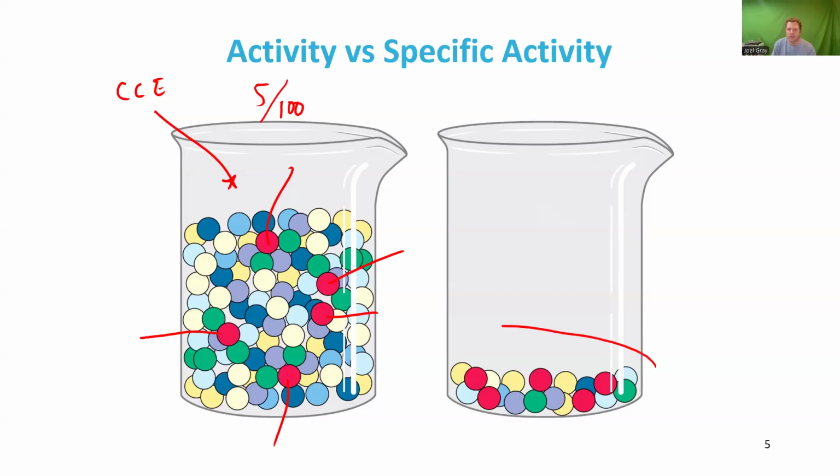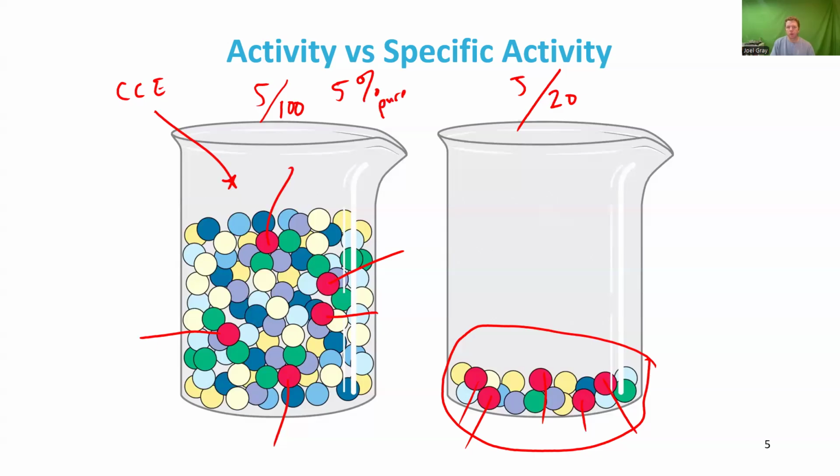Here, let's count them up. 1, 2, 3, 4, 5. 5 red balls out of, I'm going to call it 20 total proteins. So your specific activity measurement here in your crude cell extract is about, I'm just going to use a percentage, I'm going to say that my protein is 5% pure, and my specific activity, I'm going to call it 5.